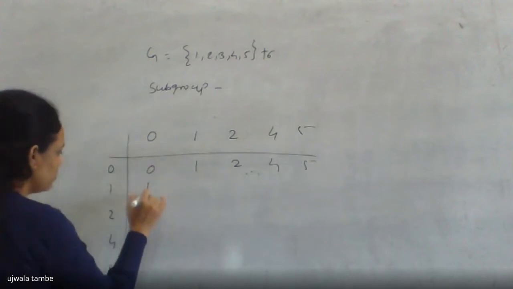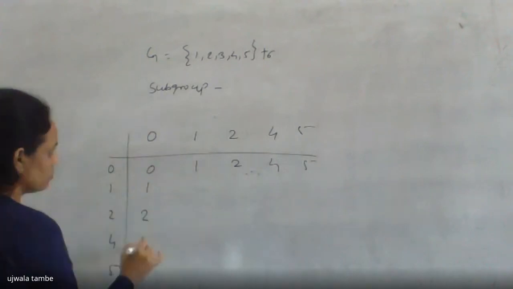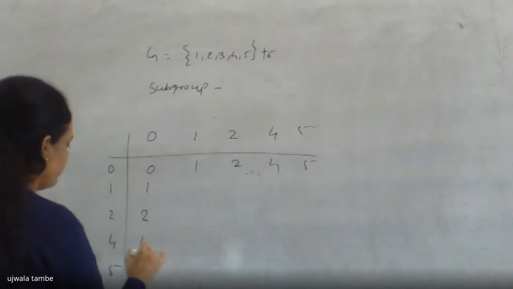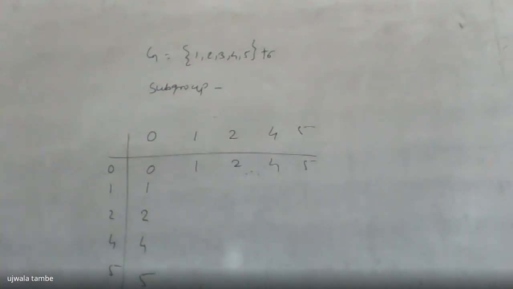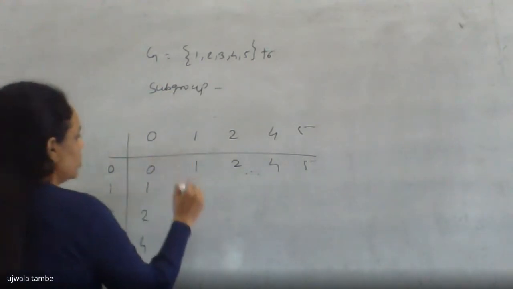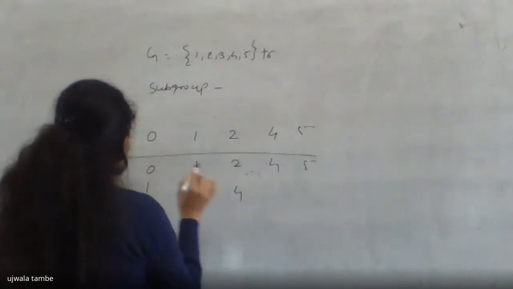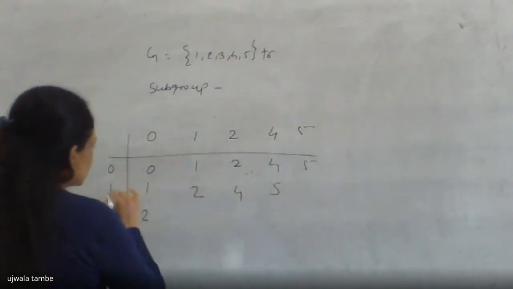Similarly, here 1, 2, 4 and 5. After that, 1 plus 1 is 2, 2 plus 1 is 3, 4 plus 1 is 5, 5 plus 1 is 6.